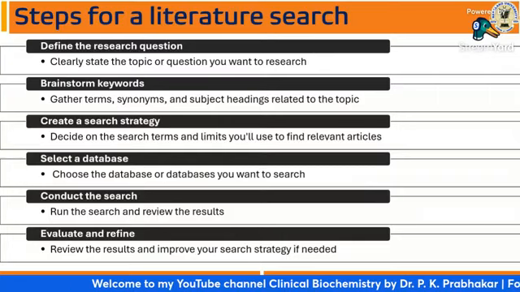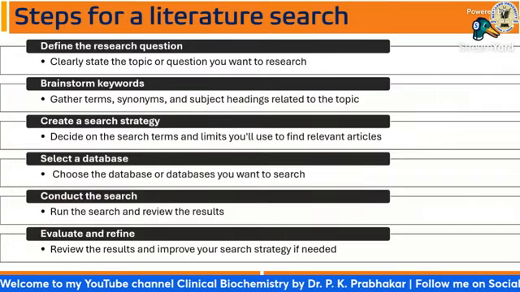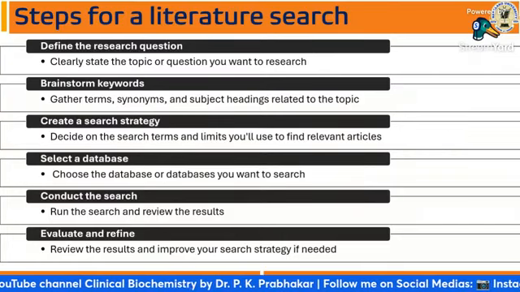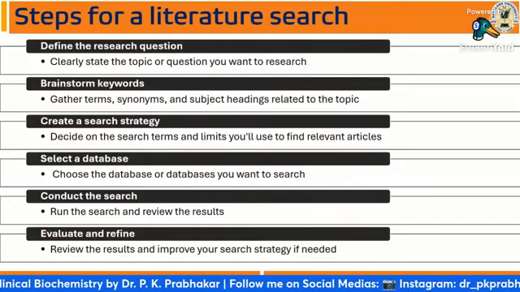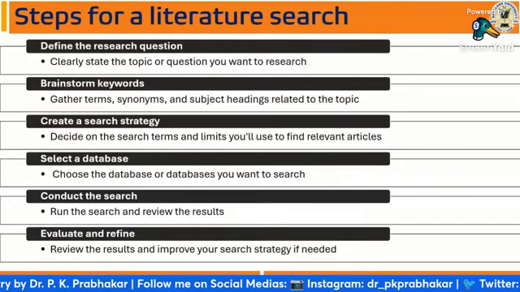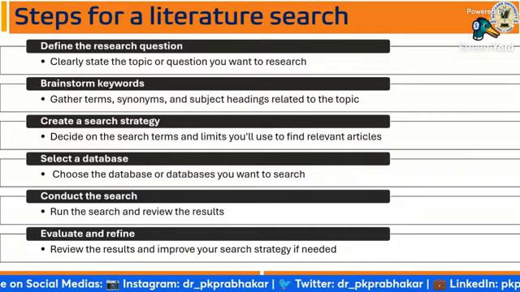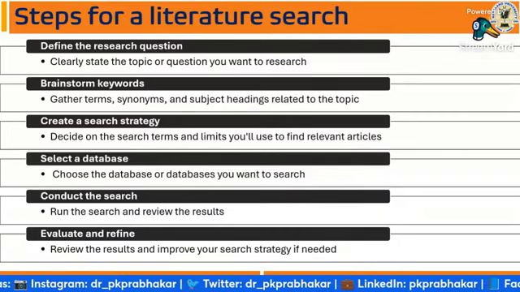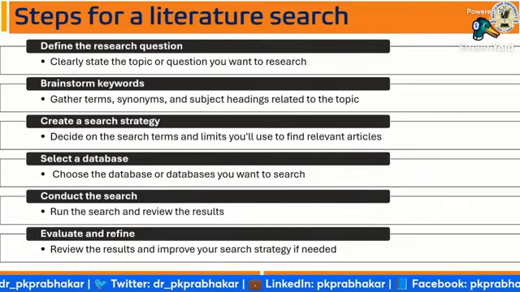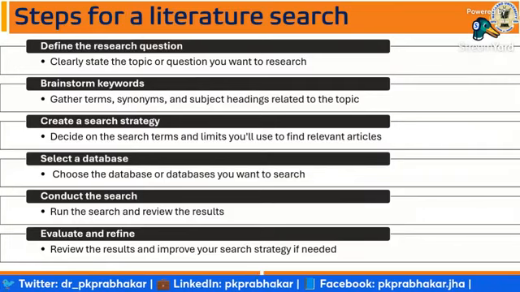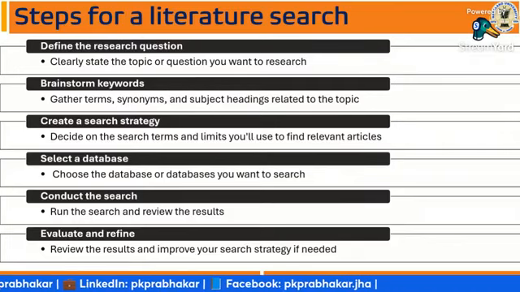The second step is to brainstorm the keywords. Normally, gather terms, synonyms, or subject headings related to the topic. We generate a list of key terms, synonyms, commonly used terms, and related phrases that represent your topic. These will be used to build your search strategy. How do we do it?